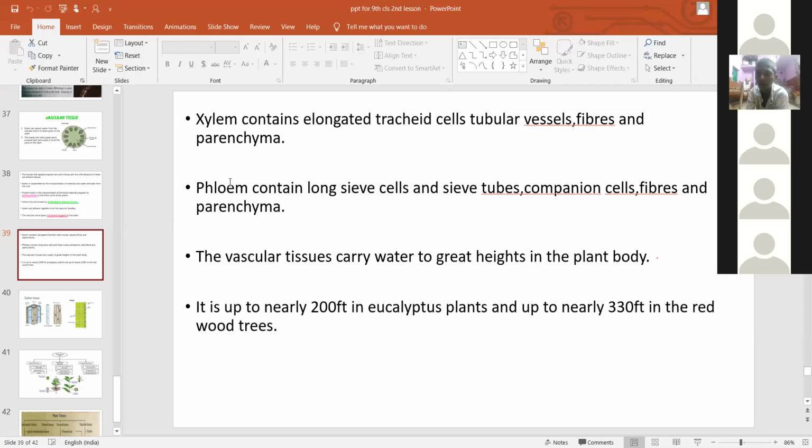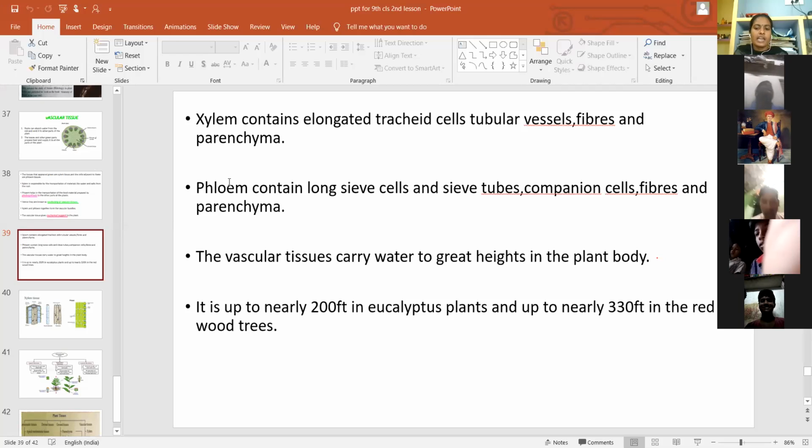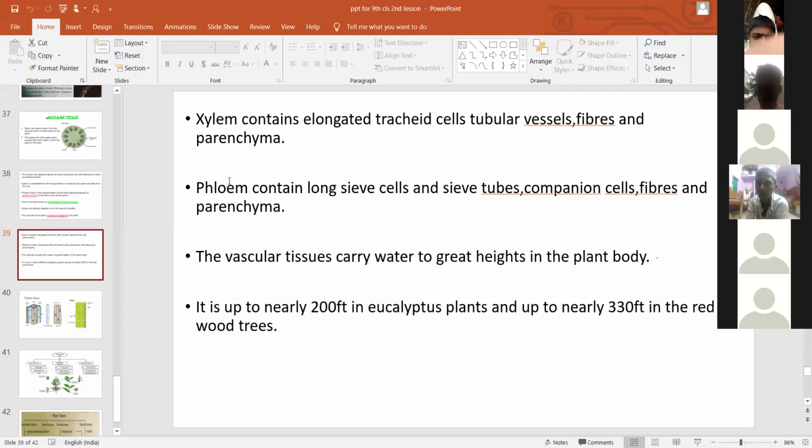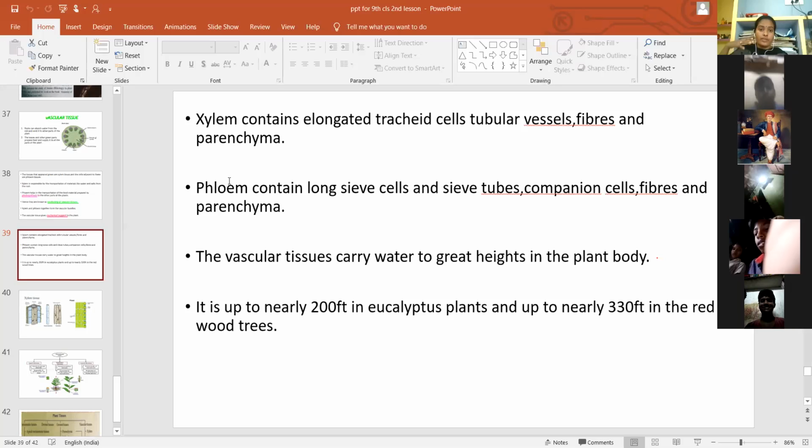Next, the vascular tissues carry water to great heights in the plant body. Some plants are very big and very long. But how is the water transported to all parts of the plant body? Anybody can say?